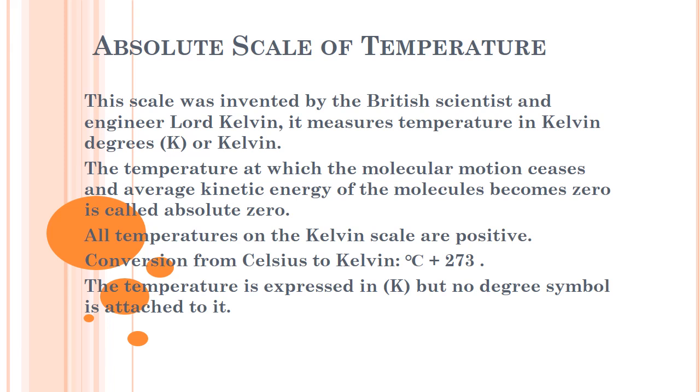A temperature scale with absolute zero as the starting point is called the absolute scale or the Kelvin scale. All temperatures on the Kelvin scale are positive. In order to convert Celsius to Kelvin, degree Celsius plus 273 is made. The temperature is expressed in Kelvin but no degree symbol is attached to it.